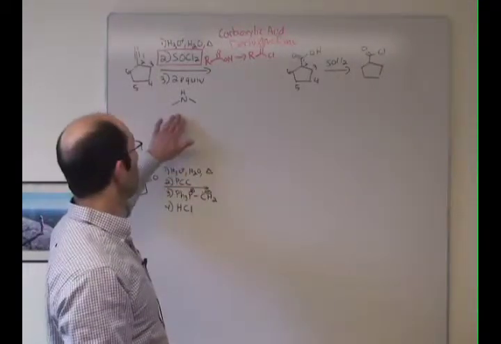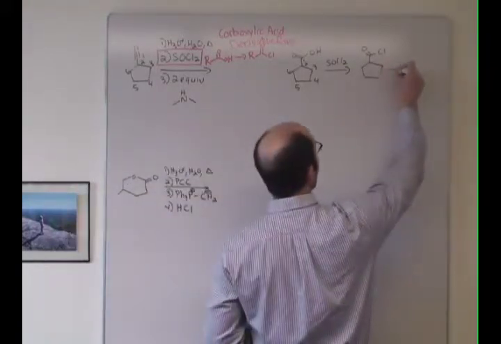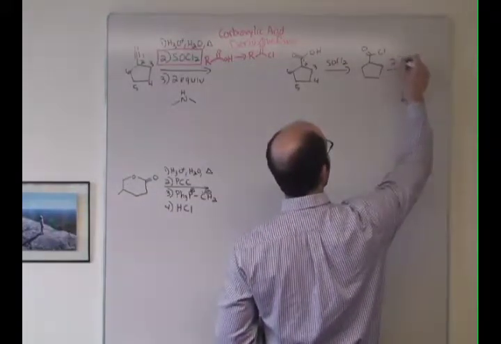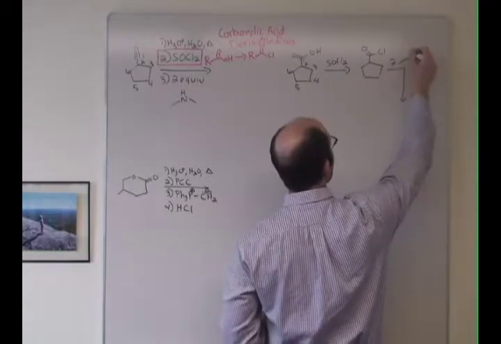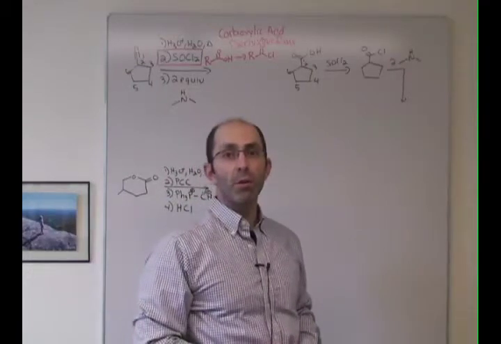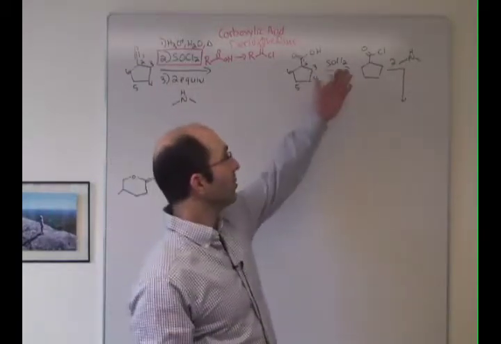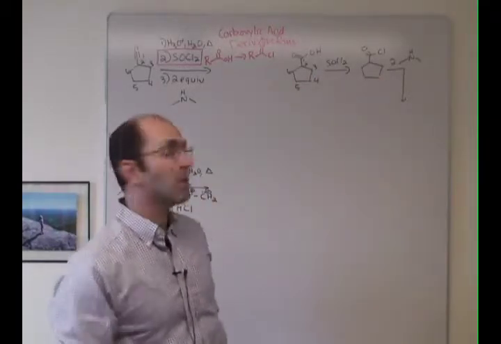And now we add 2 equivalents of a secondary amine. And again, hopefully we're very clear on what happens when we have reactions of acid chlorides. They're going to make other carboxylic acid derivatives. An acid chloride plus an amine is going to give us an amide.